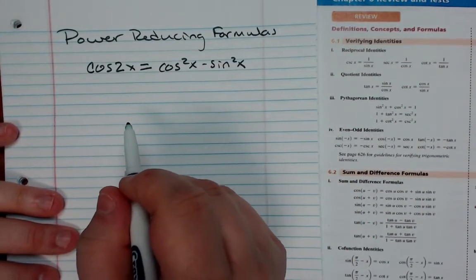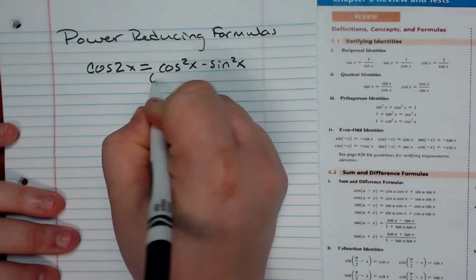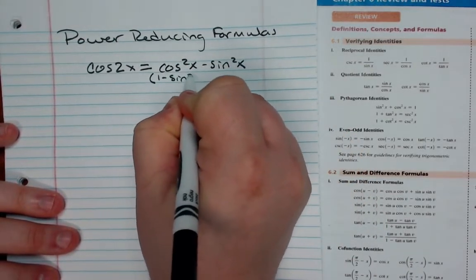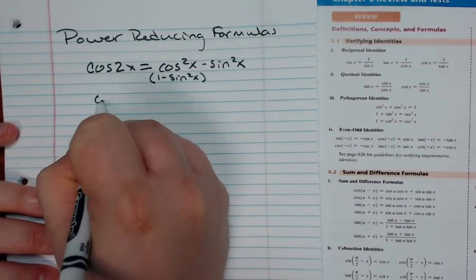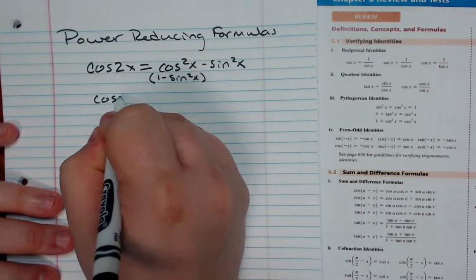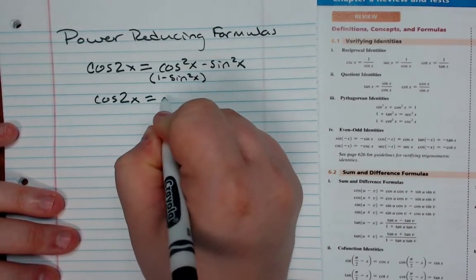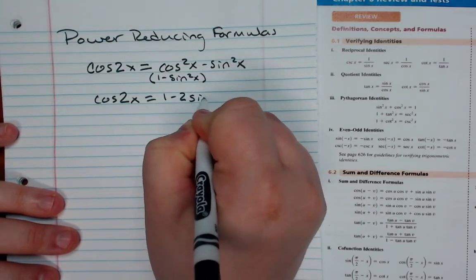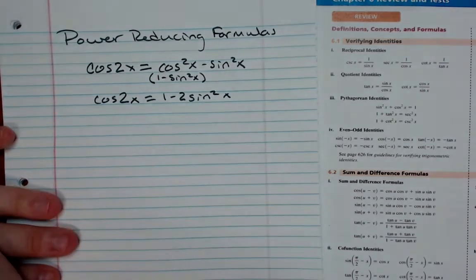And then we said, well, we can go ahead and replace cosine squared x as 1 minus sine squared x. Right, so we had cosine of 2x was 1 minus 2 sine squared x.